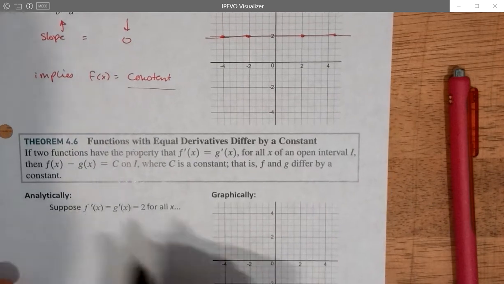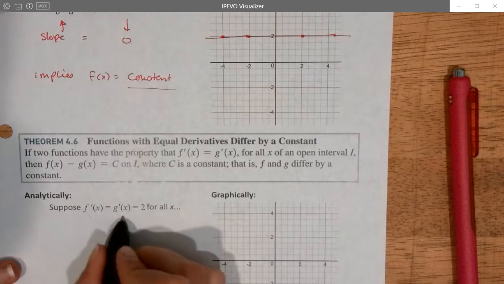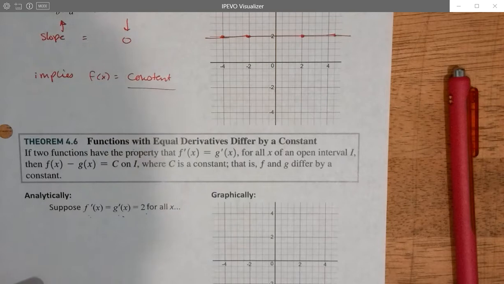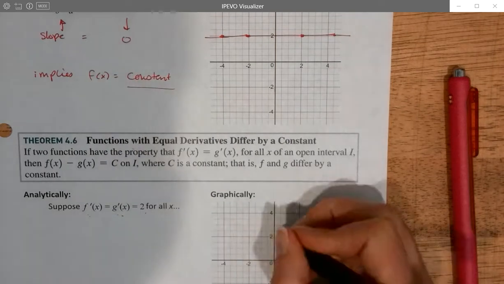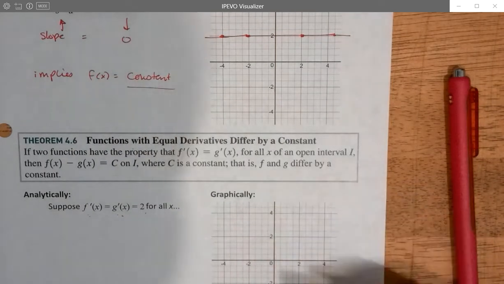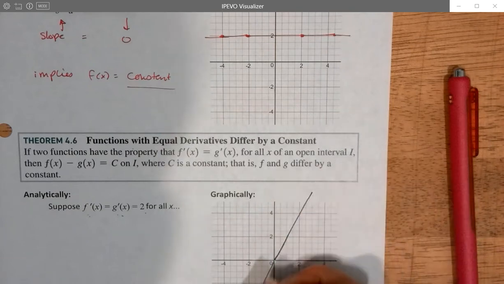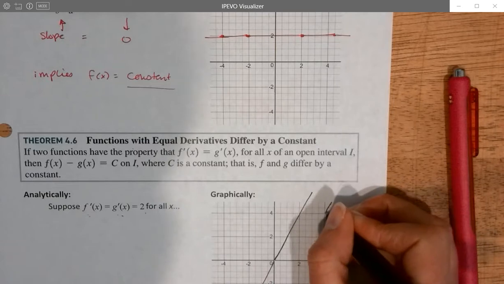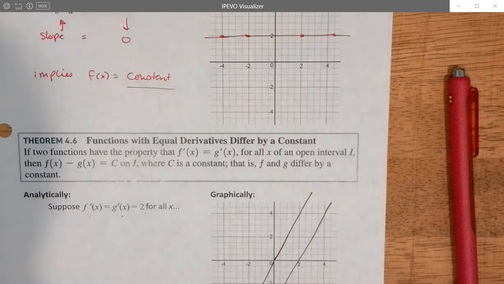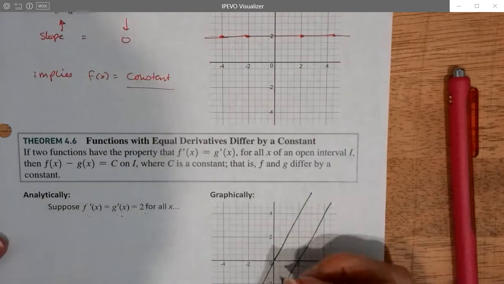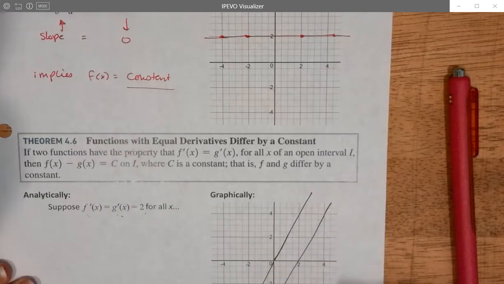So if the derivative was equal to 2 for all x, so this is the slope being equal to 2, then I could draw something that had a slope of 2 anywhere, and they're just going to differ by a constant. So like these are two lines, for example, that have a slope of 2. They just differ by a constant. So the mean value theorem helps us to see that as well.